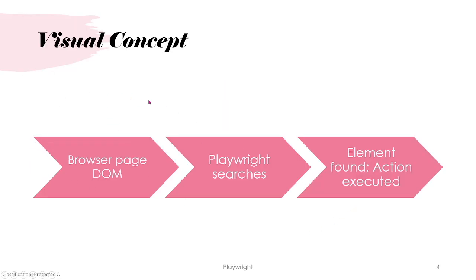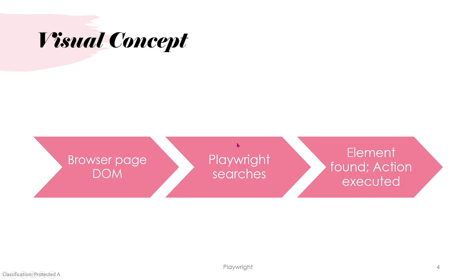You can see from this diagram how Playwright finds elements. So go to the web browser page and go to the domain. Then Playwright searches for elements. If the element is found, do the action. So this is the element found and action executed.